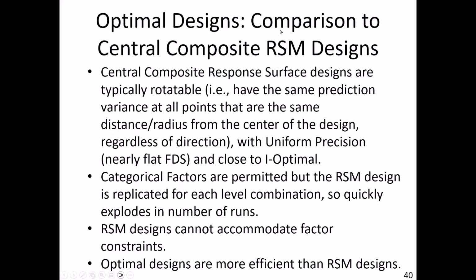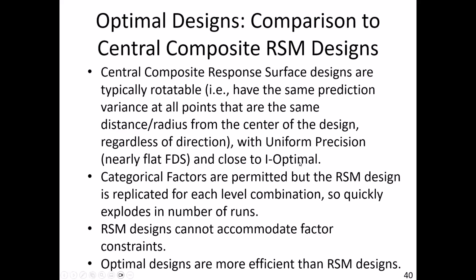So now comparing optimal designs to response surface designs, central composite response surface. Central composite has really nice statistical properties, rotatable, that is, it has the same prediction variance at all points that are the same distance radius from the center of the design, regardless of direction. Uniform precision, nearly flat FDS, we saw that on the FDS plots.